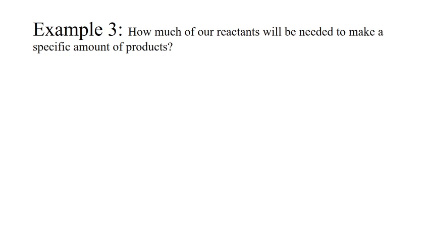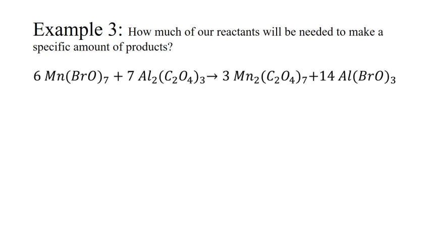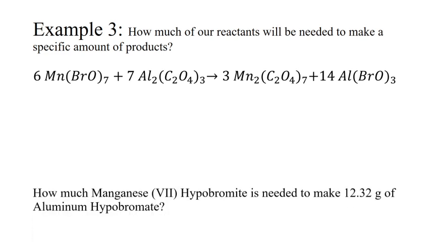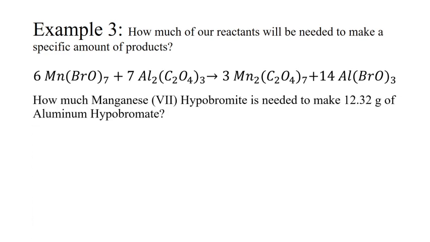Okay, third example. How much of our reactants will be needed to make a specific amount of products? Okay, we've got our balanced chemical reaction here. And our question, how much manganese 7 hypobromite is needed to make 12.32 grams of aluminum hypobromite?